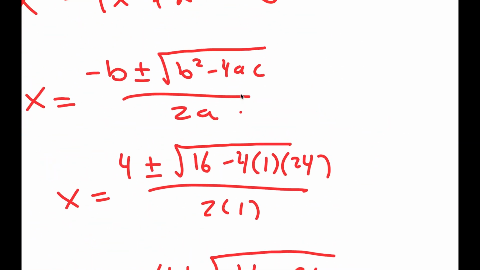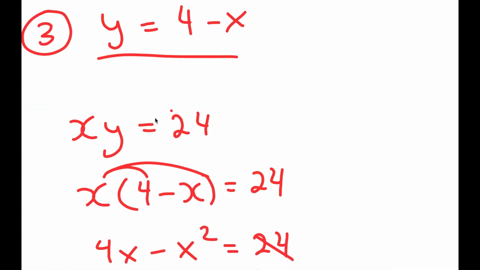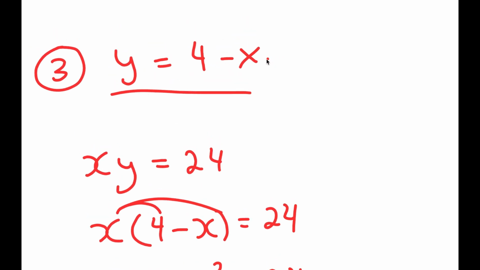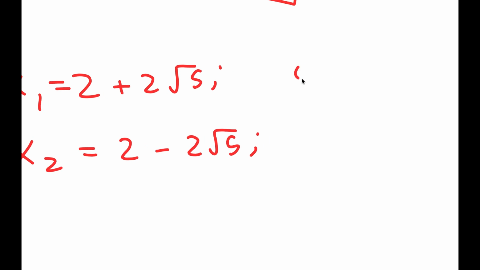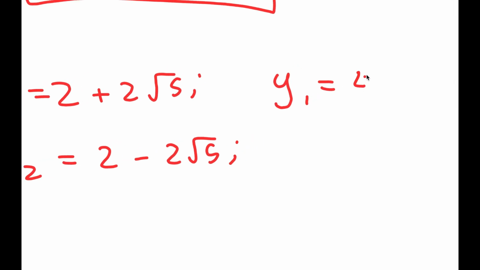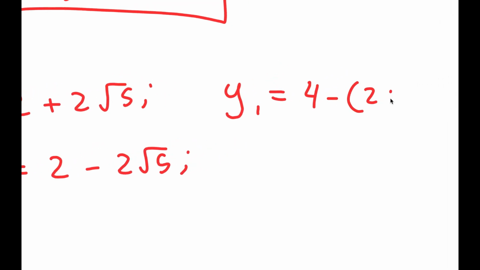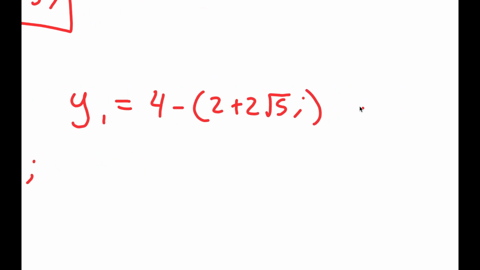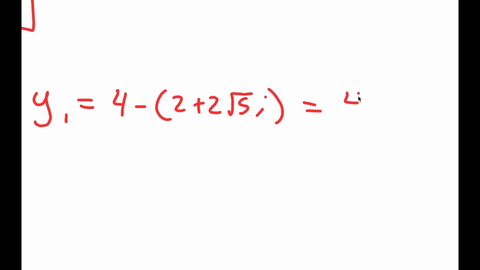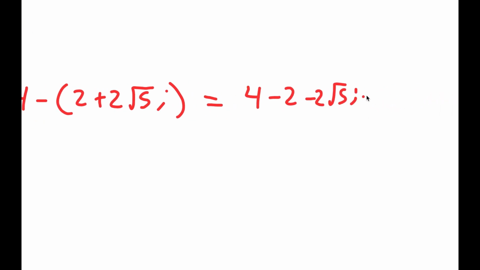So recall how y is equal to 4 minus x, meaning y1 is equal to 4 minus 2 plus 2 root 5i, which is equal to 4 minus 2 minus 2 root 5i, which is equal to 2 minus 2 root 5i.